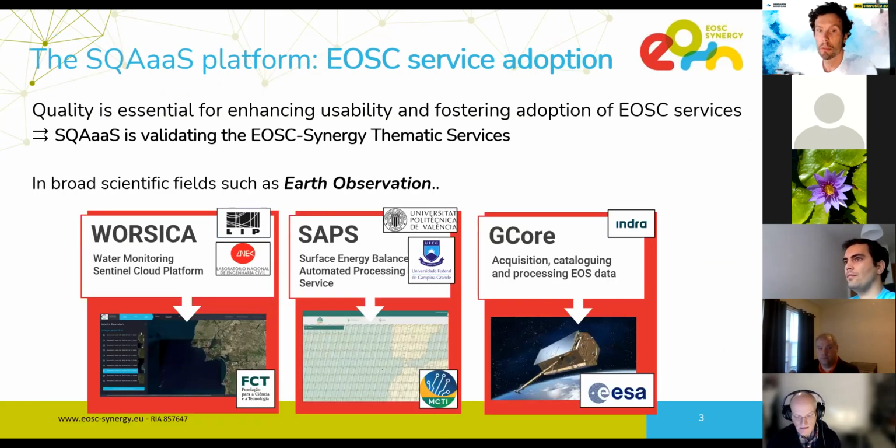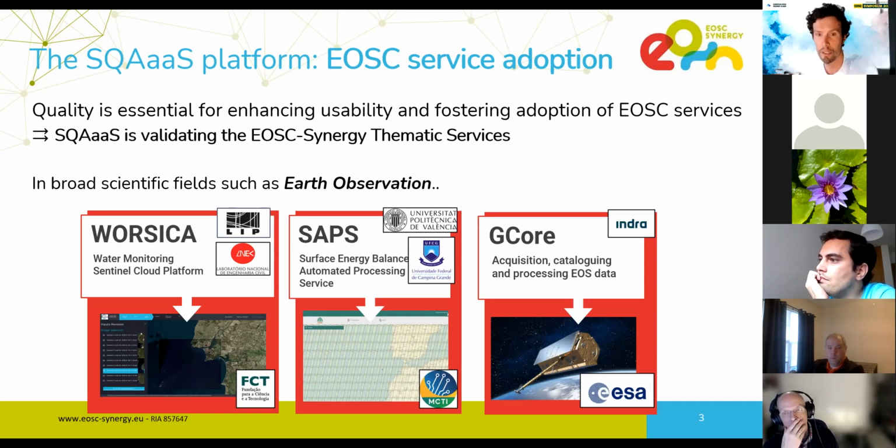So the SQAaaS is being used by the thematic services inside the EOSC-Synergy project. They are using the platform in order to compose ad hoc pipelines, depending on the requirements. But this is a mutually beneficial relationship because they are also validating our work and the operational part of the SQAaaS platform.